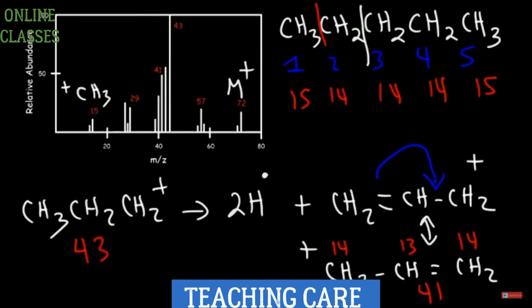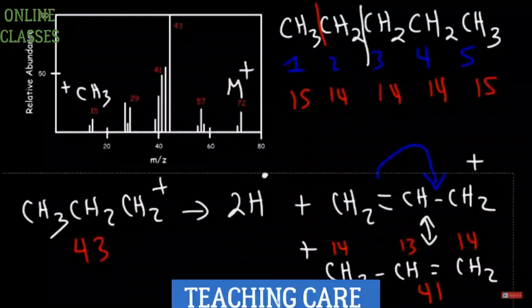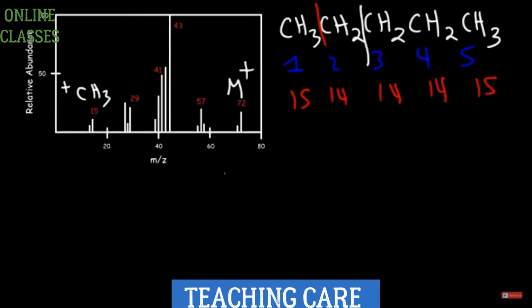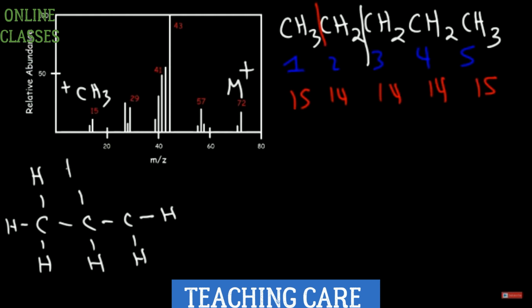Now, it's also important to understand how the primary carbocation could rearrange into a secondary one. So let's start with the propyl cation.